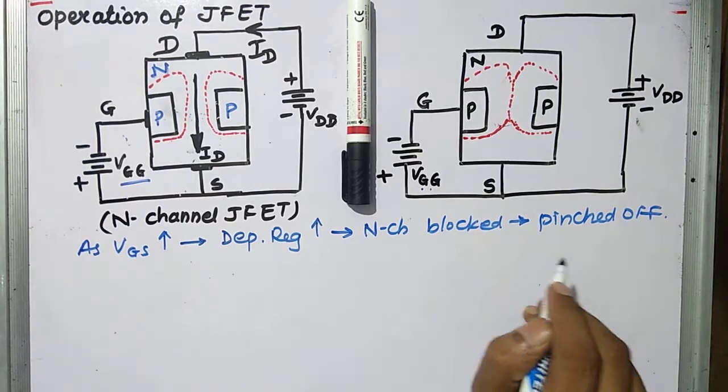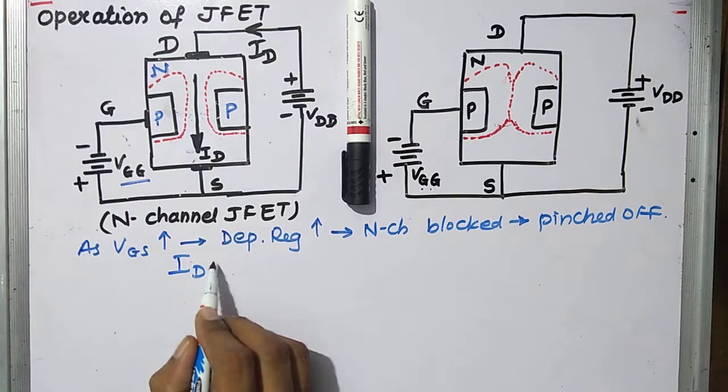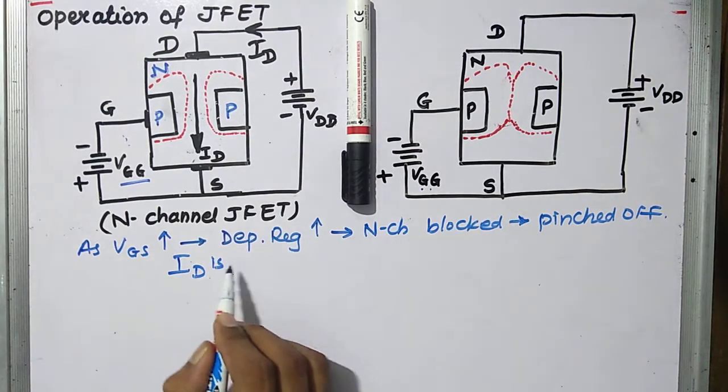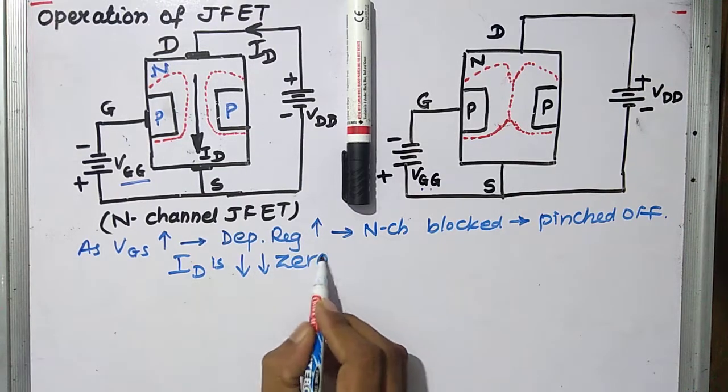The channel is completely blocked, and the value of drain current ID is decreased to 0.